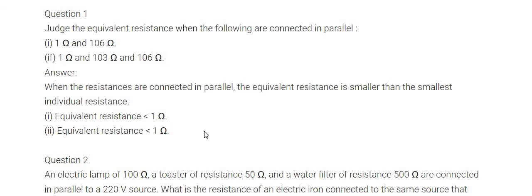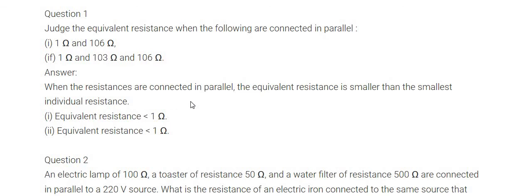Judge the equivalent resistance when the following are connected in parallel. The first case is 1 ohm and 10^6 ohm. In the second case, 1 ohm, 10^3 ohm and 10^6 ohm.